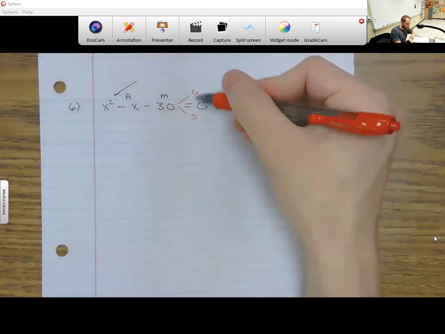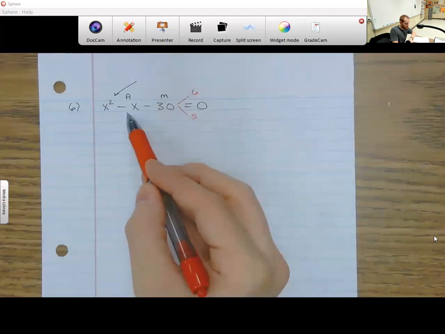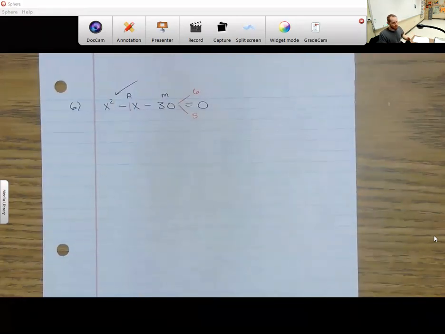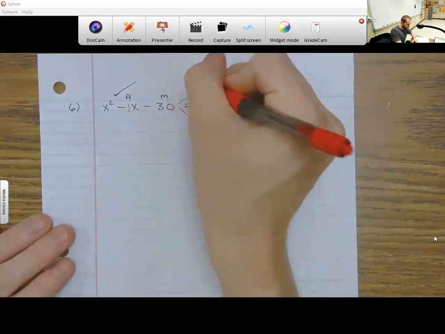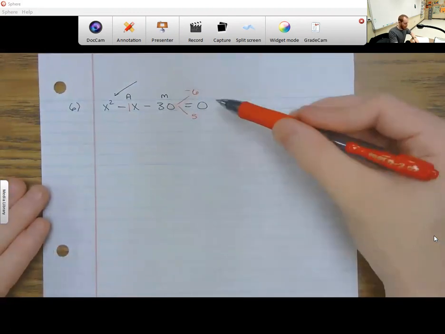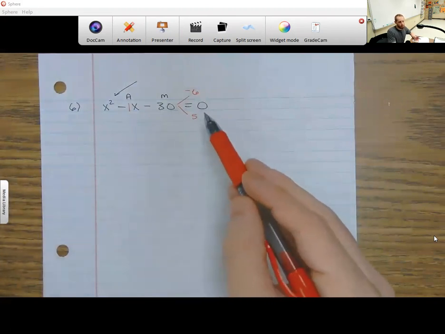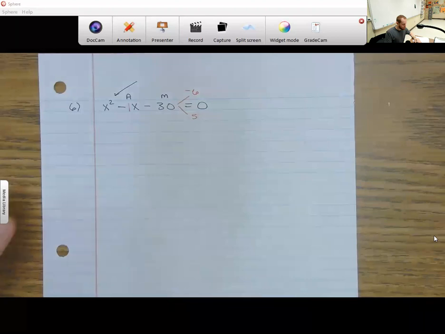I know that 6 times 5 will give me 30, but how can I add up to a negative 1? The biggest number has to be negative then, right? So I'm going to put the negative on the 6. That way, when I add them up, I get that negative 1, but if I multiply them, I'll still get that negative 30. So these are the two numbers that I'm going to choose.